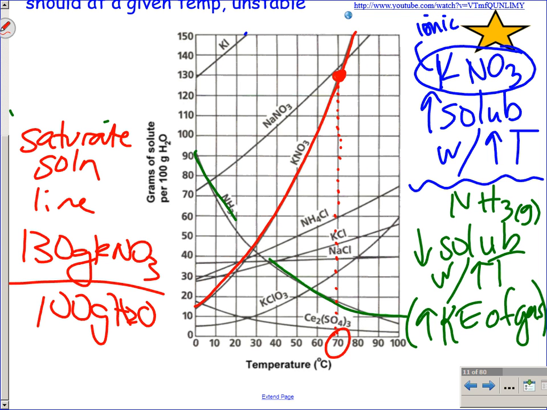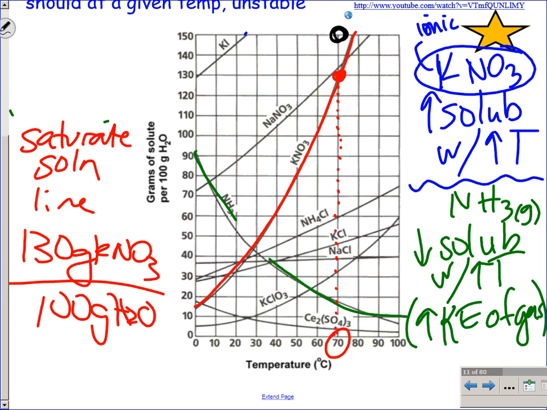Okay. What if I put 150 grams in there at 70 degrees? It would be supersaturated. Now that would be assuming that I made it stay in solution. So if I was putting 150 in, I would be up here. So here's the point. If you're on the line, when you find the point, it's saturated.